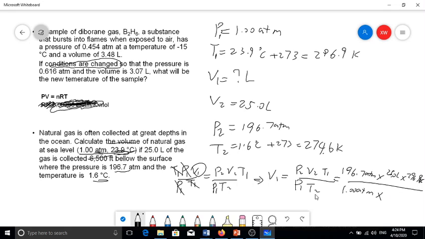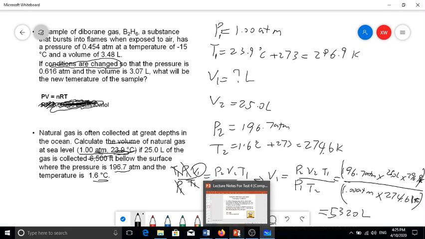And T2, last thing, is 274.6 Kelvin. Make sure you do the math correctly. Multiply 3 numbers on top, divide by 2 numbers. If you're not sure how, calculate the top and bottom numbers first and then divide. This is going to give you 3 sig figs at the end. 5,320 liters is the answer. So this is the changing condition of the combined gas law.